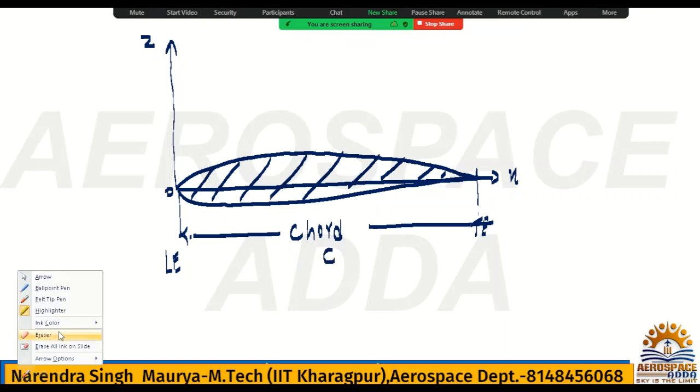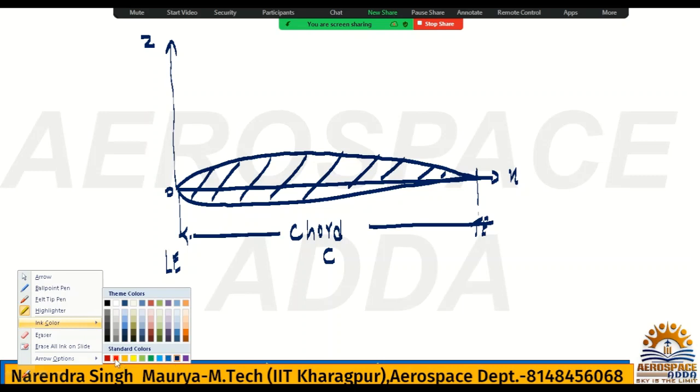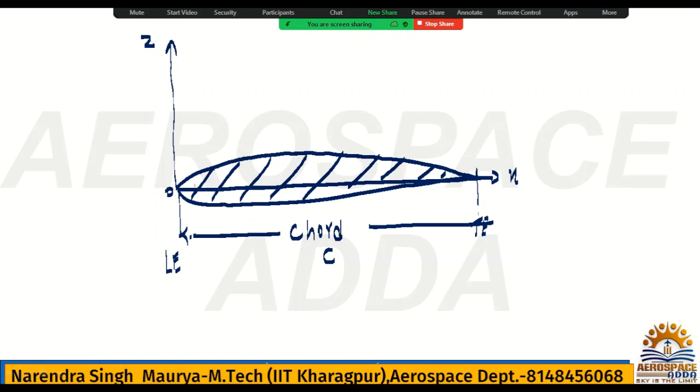Where will be the camber line? This will be the camber line.